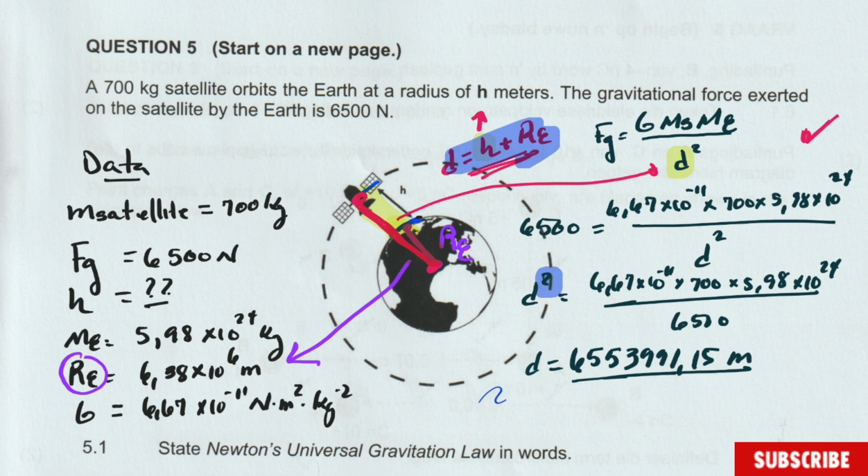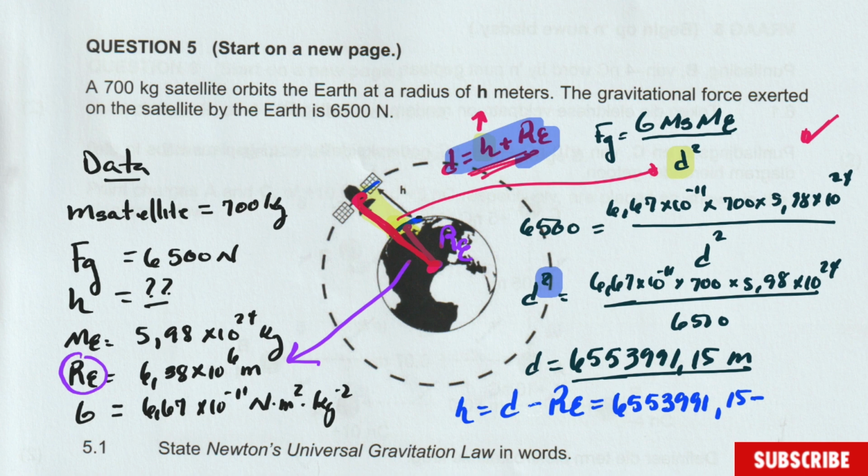So let's do that. The height that they want is equal to the distance minus the radius of the Earth, and when you substitute, the distance is 6,53991,15 minus the radius of the Earth, which is given to us.